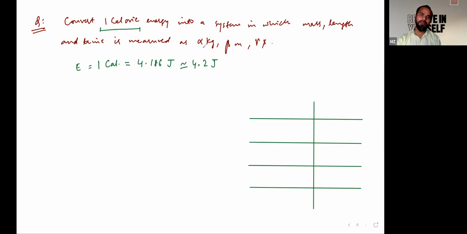But there is no numerical part written over here. We have to answer in terms of alpha, beta, and gamma as well.